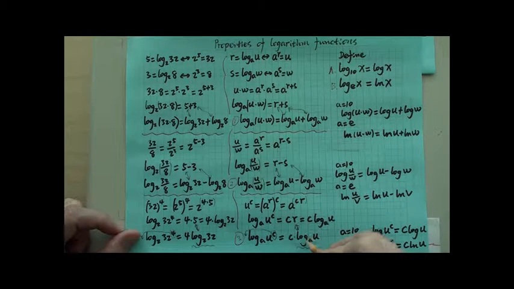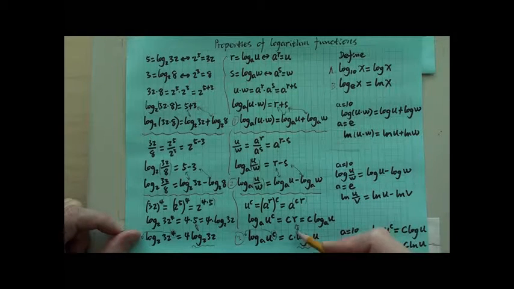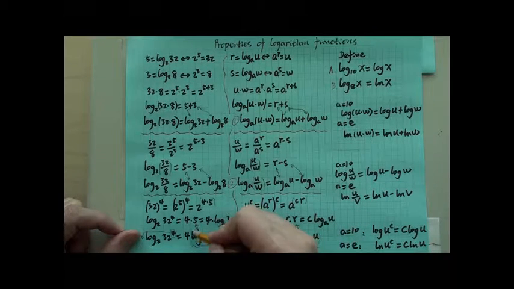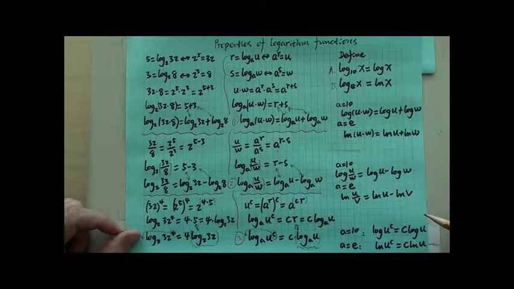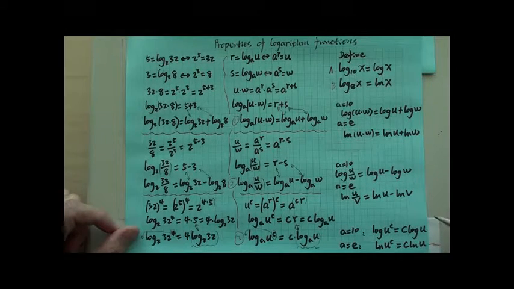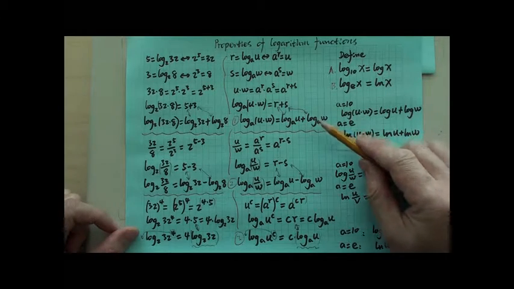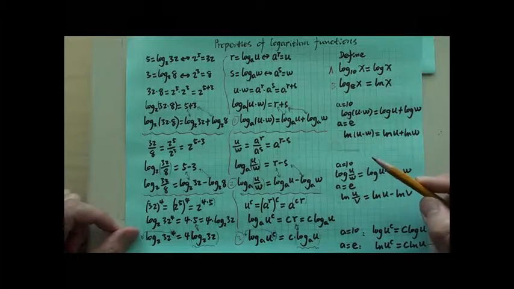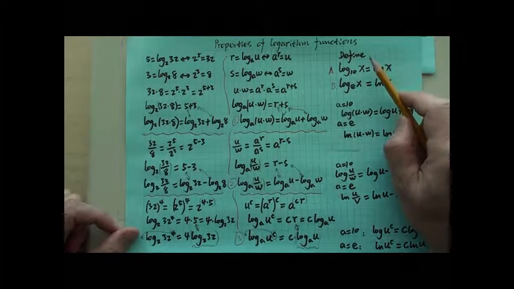Okay, C times log base A to the U. This is the whole thing, and C times that. Here's the same thing. 4 times 5, or log base 2 to the 32. So remember these 3 properties. Now something a little bit extra.